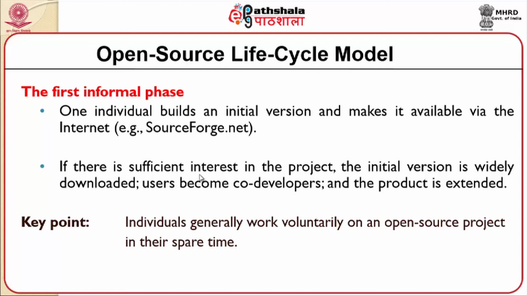As and when they develop, they highlight the comments attached to it and the product is extended. The key point in the first informal phase is that individuals generally work voluntarily on an open source project in their spare time. So they can make any modifications on top of what has been established, because the nature is purely open source.